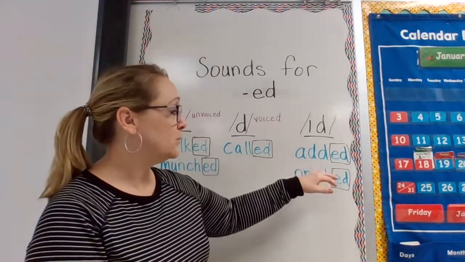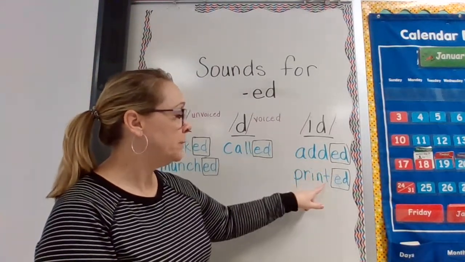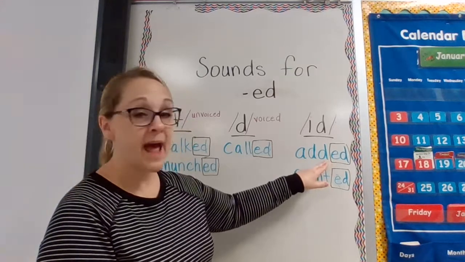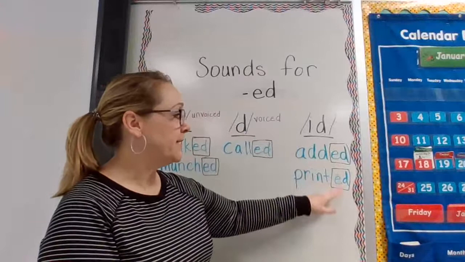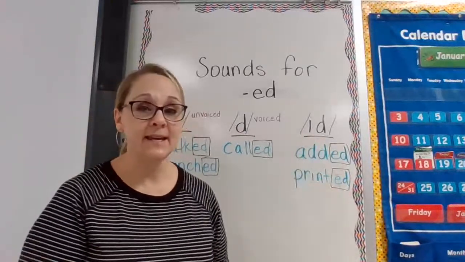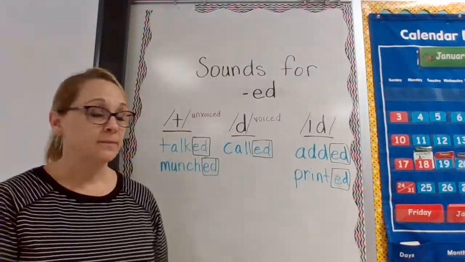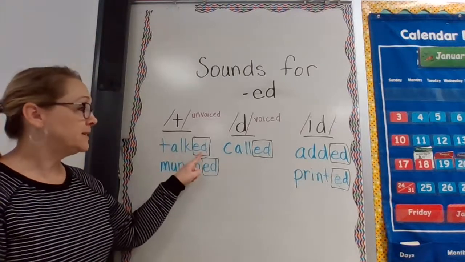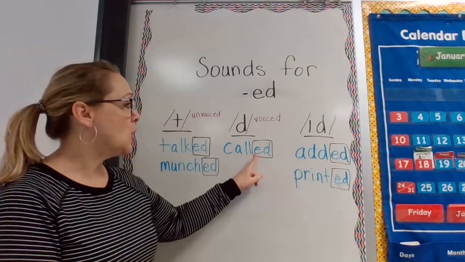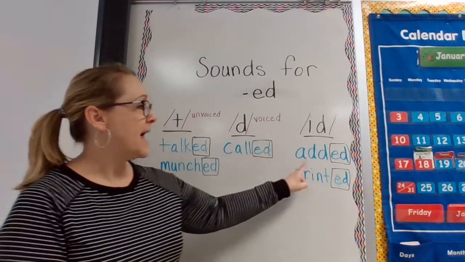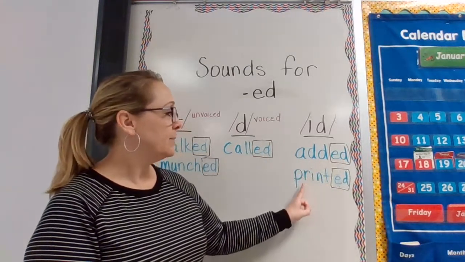If your base word ends in D or T, like add or print, your inflected ending ed makes the id sound. So we have talked, munched, called, added, printed.